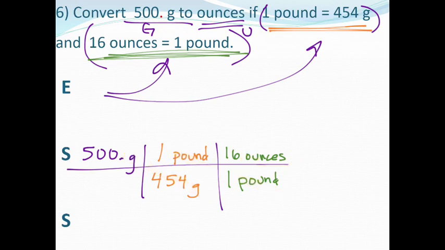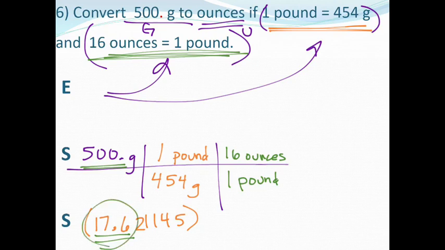Now my unrounded answer is 17.621145, and it keeps going. But if I only want to keep 3 sig figs, like we talked about, because I made my given 3 sig figs, then I'm just going to keep the 17.6. The 2 does not round my 6 up. So 17.6 is my final answer. Ounces is the unit.